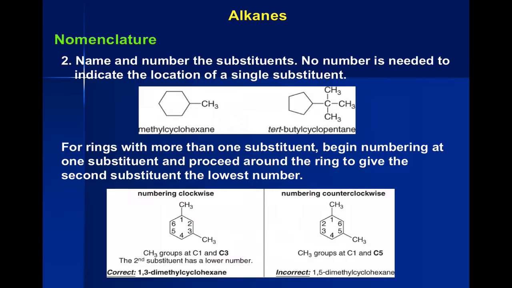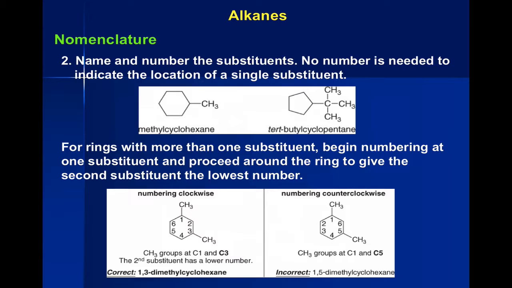Here we have cyclopentane, but this group that's attached to it is known as tert-butyl. How do we come up with the name of tert-butyl? It's a butane parent. We've seen that we have 4 carbons. And this would be a tertiary carbon if it was not an alkyl group, right? It would have a hydrogen on it.